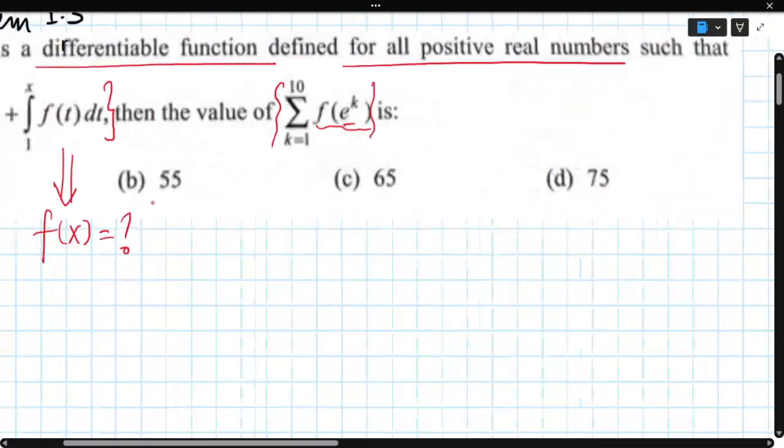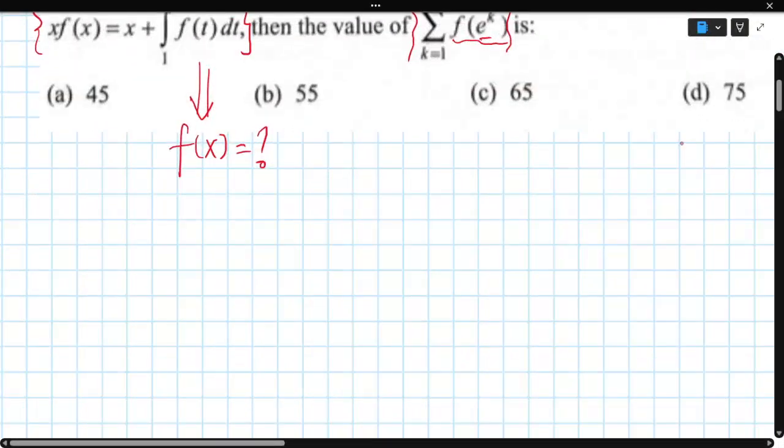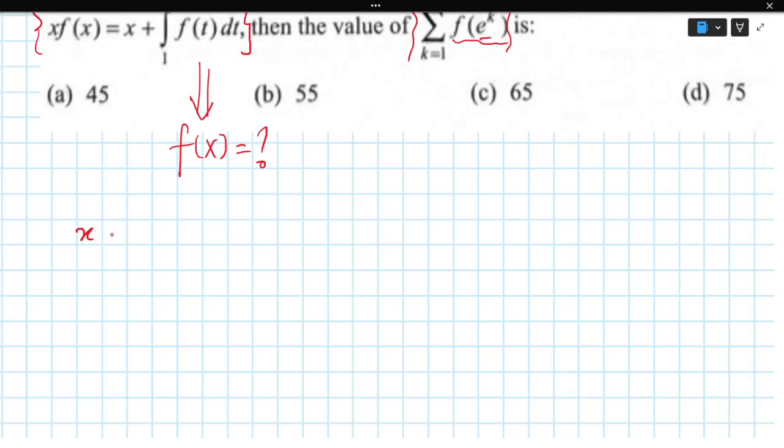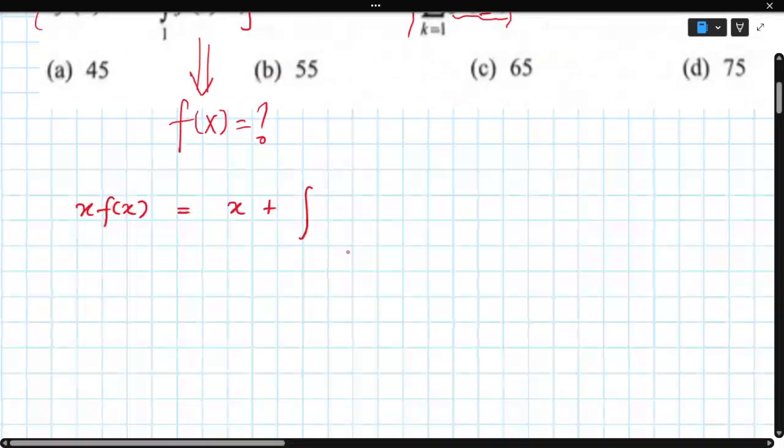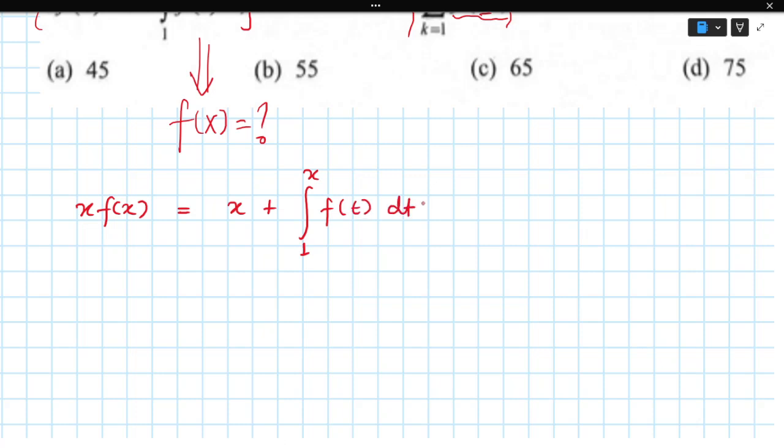First, we write the equation which has been given. The equation is x f(x) = x + integral from 1 to x of f(t) dt. This is the required equation. In such an equation, we need to use the Leibniz rule of differentiation under integration.